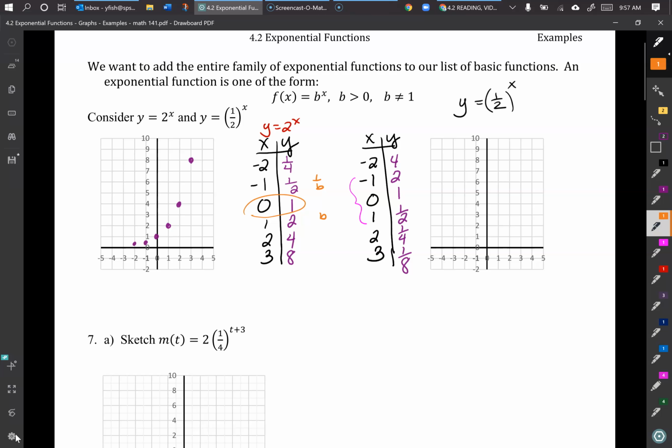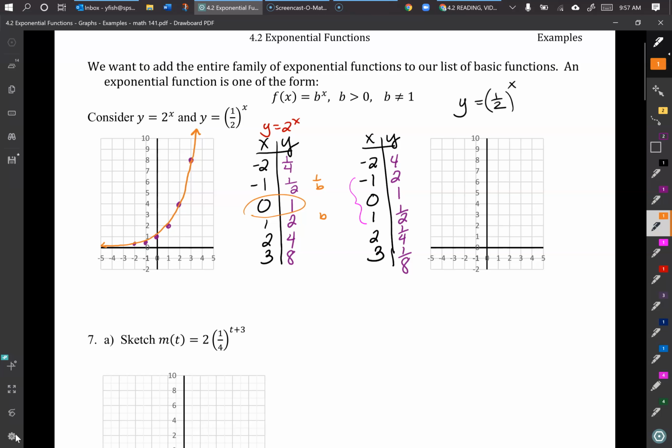Now I started off, -2, 1/4, but -3 would have been 1/8, and so on and so forth. It's going to approach the x-axis here, and then it curves up pretty steeply. So if we went to 4, we'd be coming off the graph. So that's it for that side.